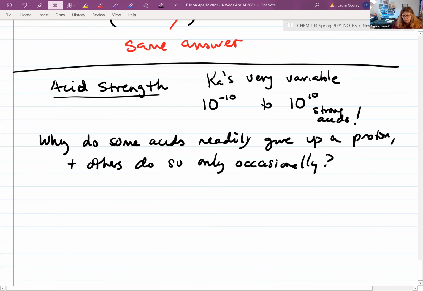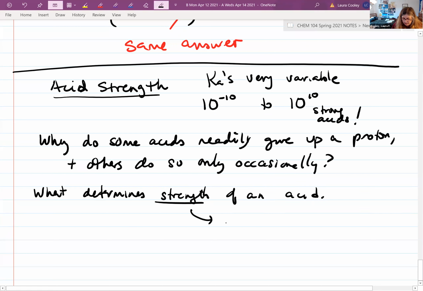So really what we're asking here is, what determines the strength of an acid? And you should think about the strength of an acid as its willingness to donate a proton.